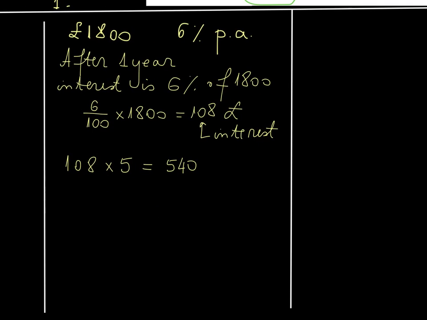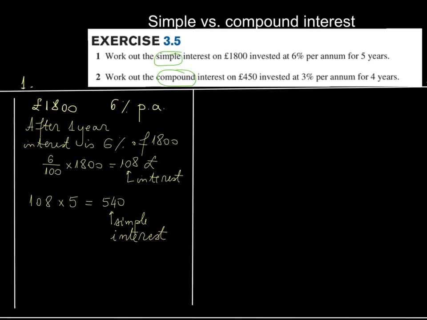This is called simple interest. This is what the bank pays you because you keep the money with them. How much money you have is actually 1,800 plus 540, but the question doesn't ask this. The question asks only about the interest.